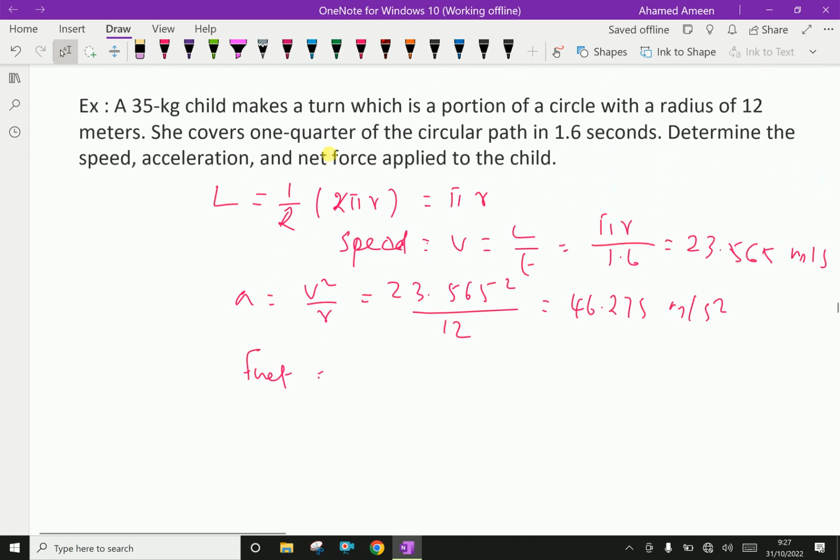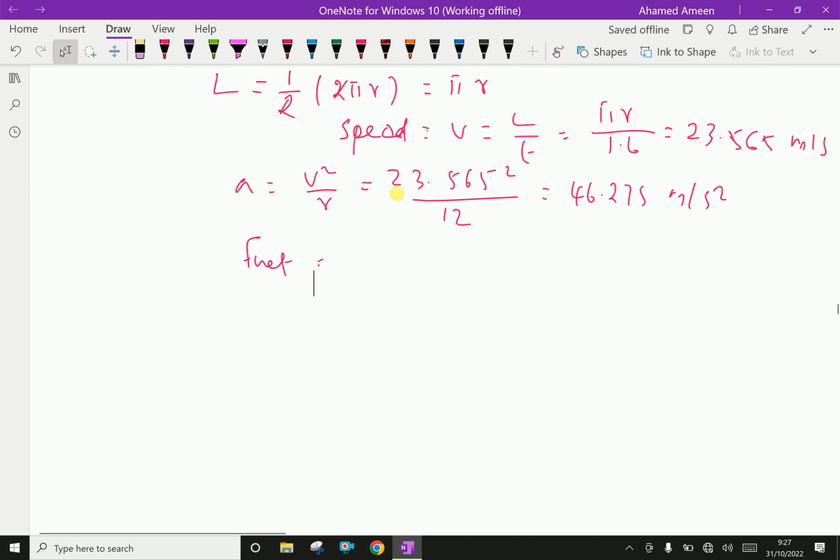Here the mass of the child is 35, acceleration is 46.275, so 35 into 46.275 equals 1619.625 Newton.